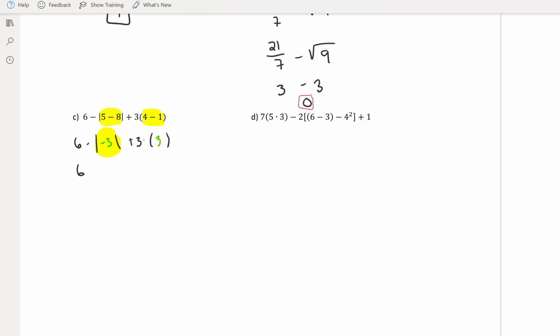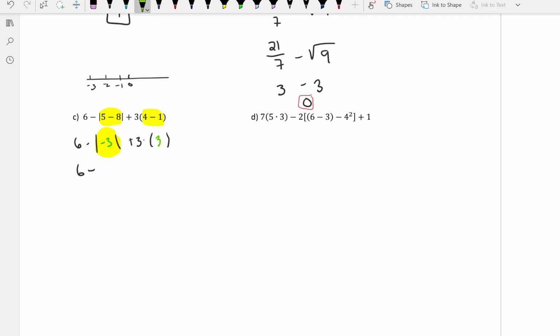I have 6 minus, so now if I think about the absolute value of negative 3, well, visually, if I want to think about it, here is 0, negative 1, negative 2, negative 3. To get from -3 to 0, I would go 1, 2, 3 spaces. So the absolute value of -3 is 3.